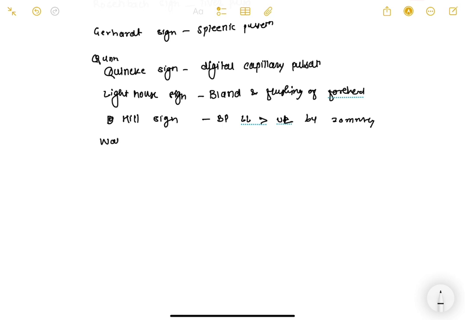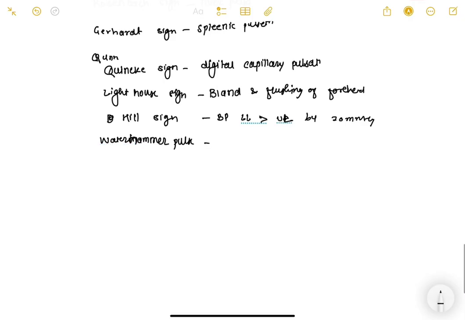Then Water hammer pulse sign, high volume and collapsing pulse.